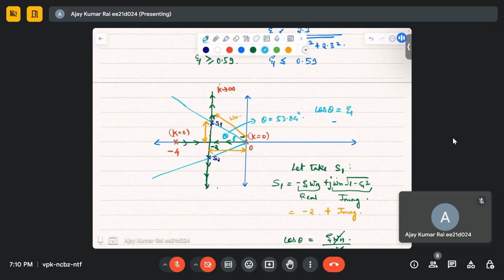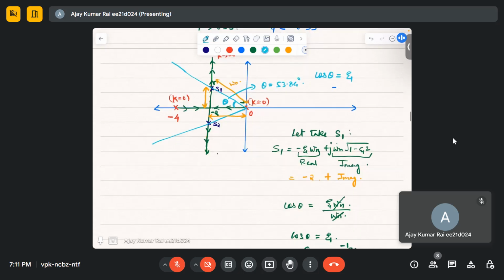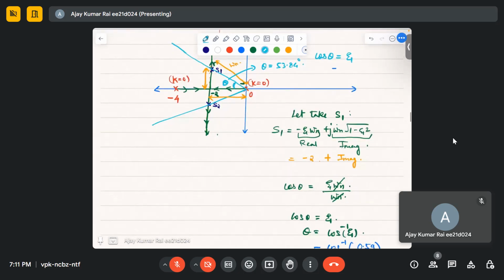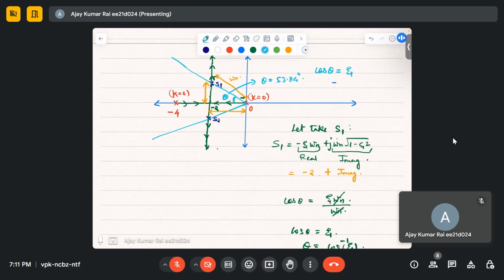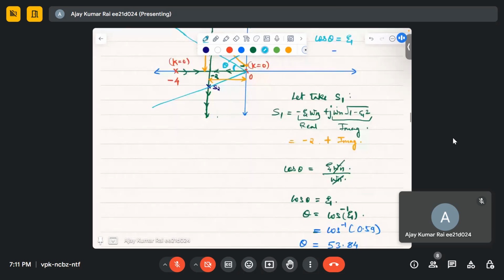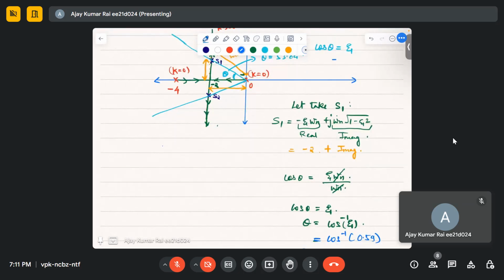So what I want to find is S1. What is the value of S1 for our root locus? We know the real part, we know the angle, and we have to find the imaginary part. So let me use the tan theta formula. Tan theta will be the imaginary part over the real part, taking magnitude, not the sign.